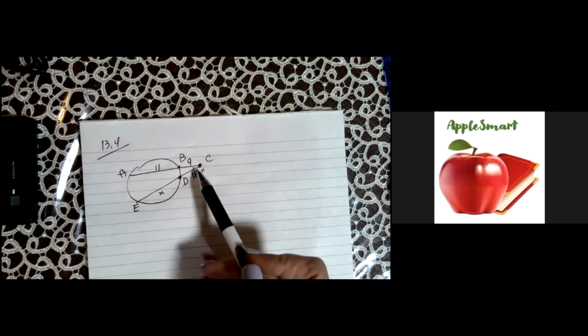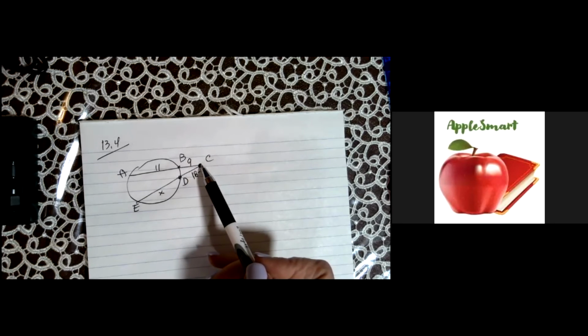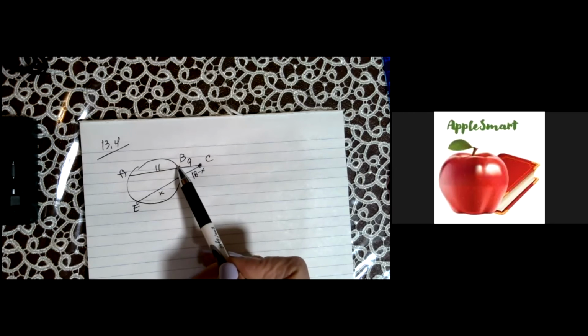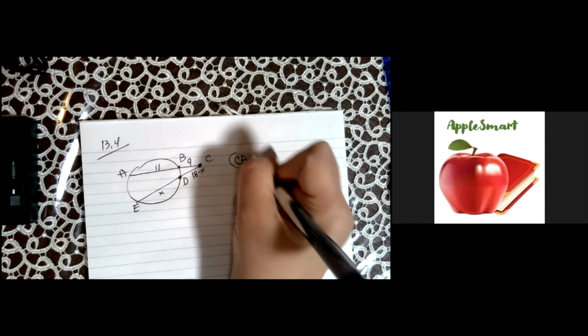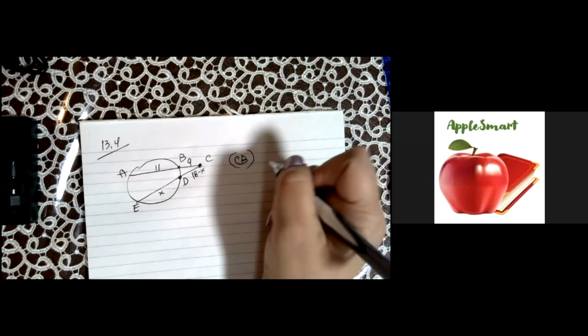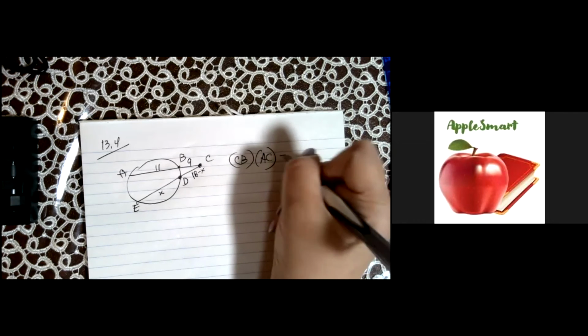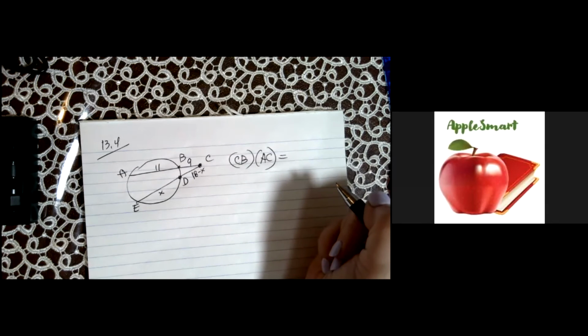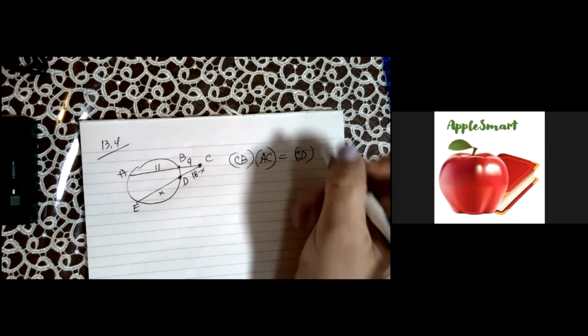Do you see that point C is outside of the circle? So we can say that CB times the whole thing, which is AC, should be the same as CD times CE.